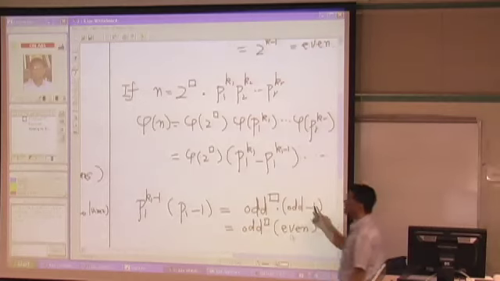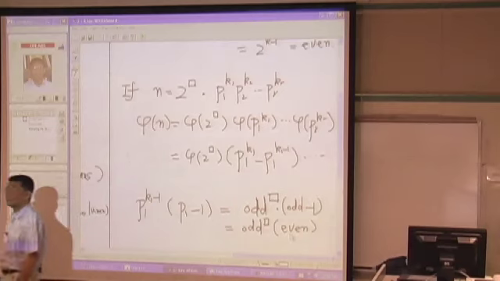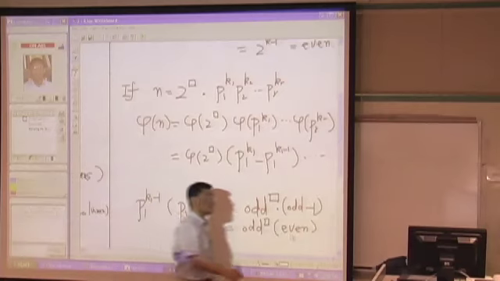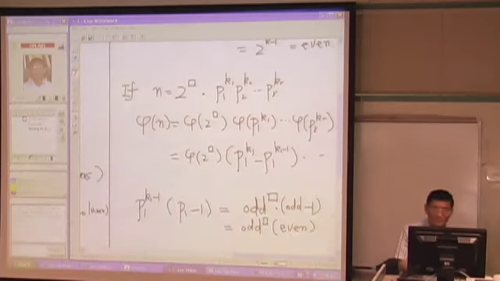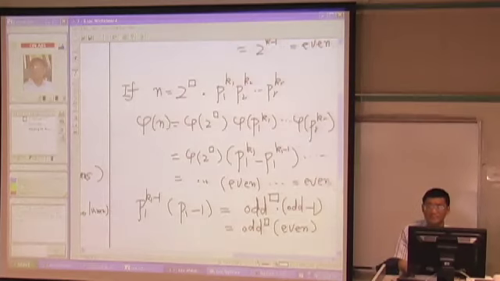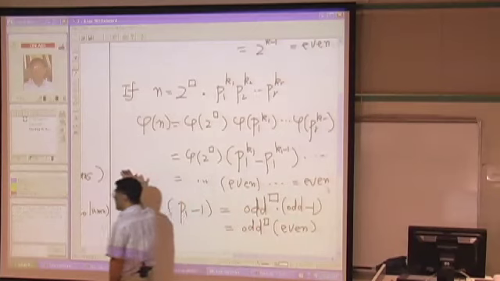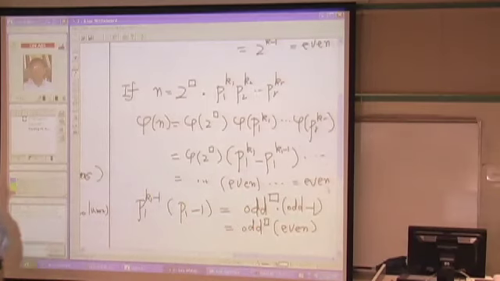Once even is multiplied, the whole thing is even, right? The whole thing is even. So because of this, it is some number times even, and then some numbers. So it's even. So I proved that phi of n is even when n is greater than 2. When n is 1 or 2, phi is 1, 1. So we exclude those cases. It's even.